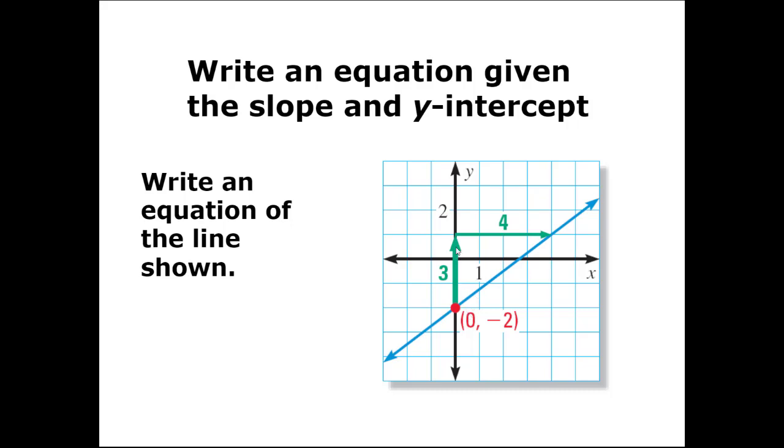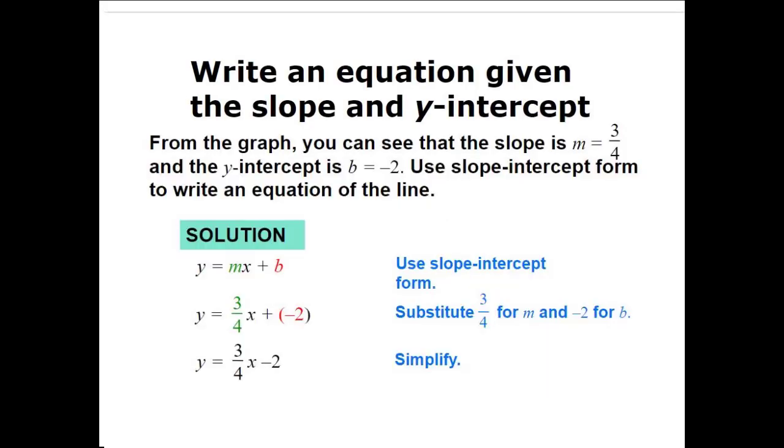So we can say that the slope here is 3 over 4. The last piece of information that we need is where does the blue line touch the axis? And we can see that it touches at the point 0, -2. So the y-intercept here is -2. Okay, and this is what we have here.